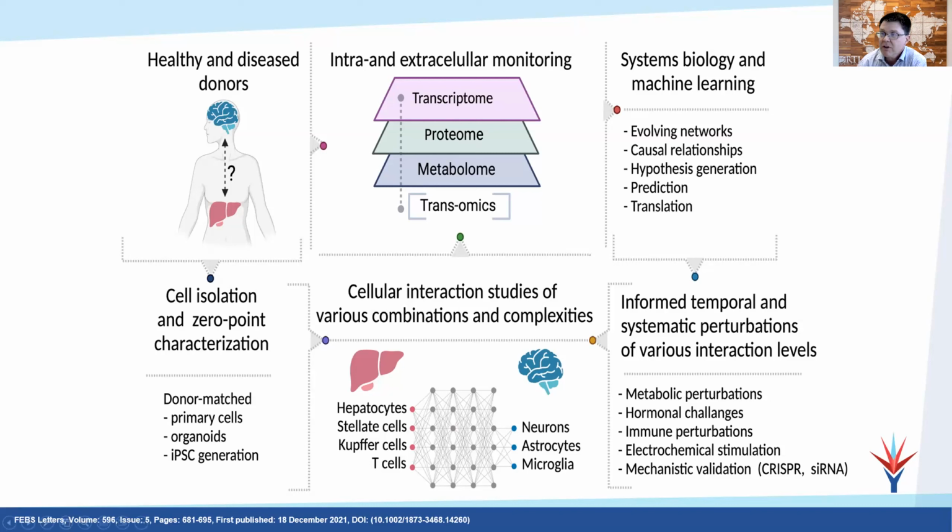So we can go further and look at combinations and complexities with hepatocytes, stellate cells, neurons, astrocytes, microglia. If you just take 4 from the liver and 3 from the brain, you wind up with a 7-variable study.